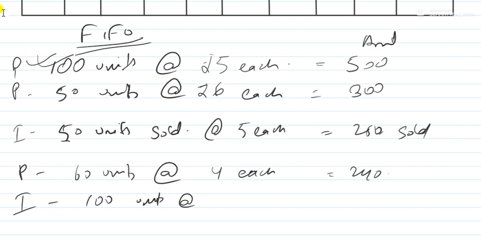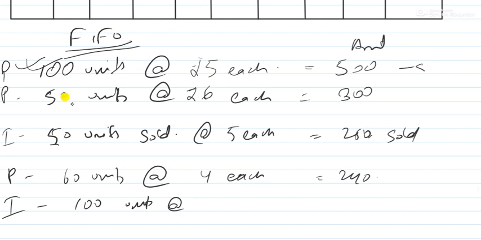Now see what happened. First I had 100 units at 5 rupees each. Then I had 50 units at 6 rupees each. Then I sold 50 units from which? From this stock. So I had 50 units of this stock left, and 50 of this stock. And I also have 60 units over here.